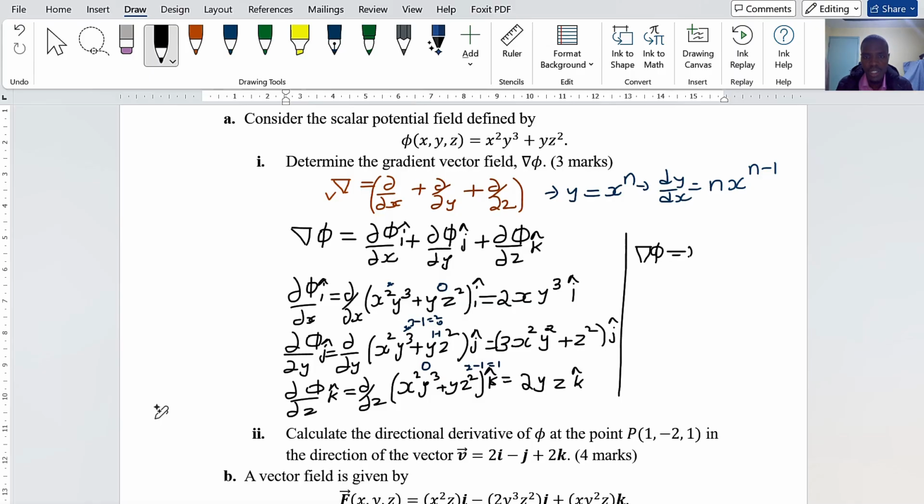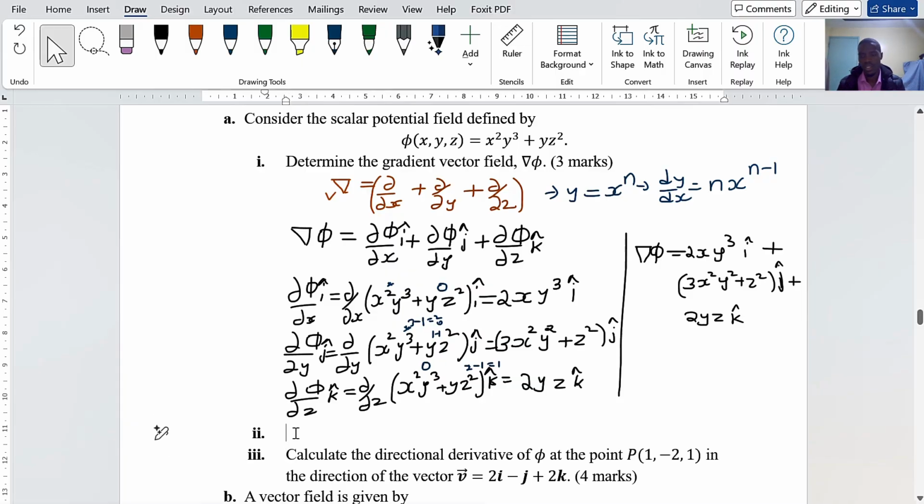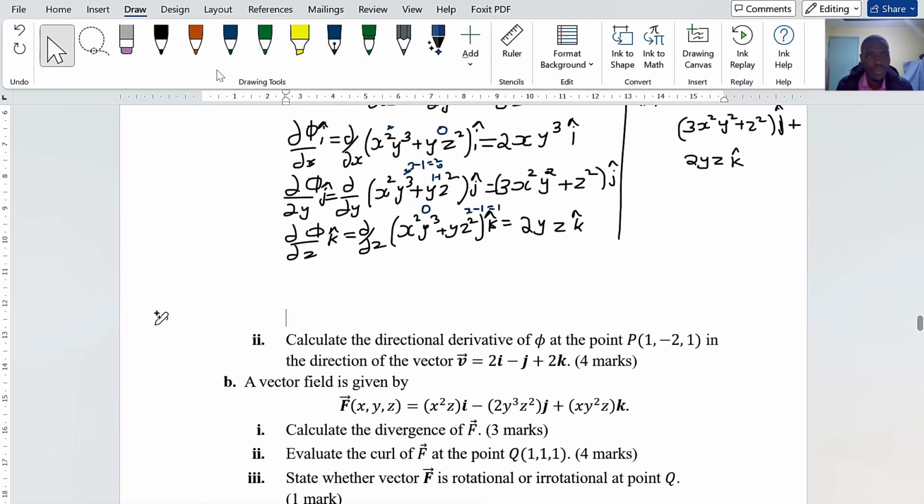The first part is 2xy cubed i, plus 3x squared y squared plus z squared, all of this j, then plus the last part is 2yz, and that is k. Maybe I can just push this down a bit for you.